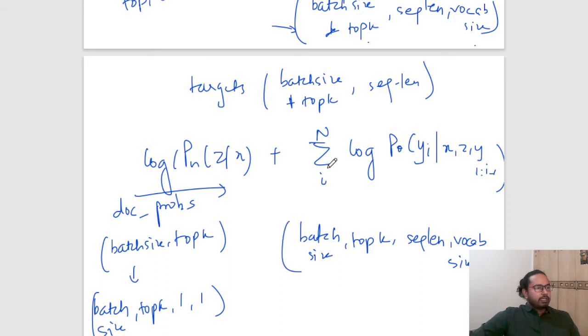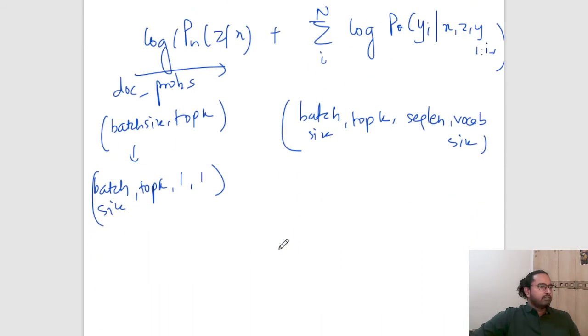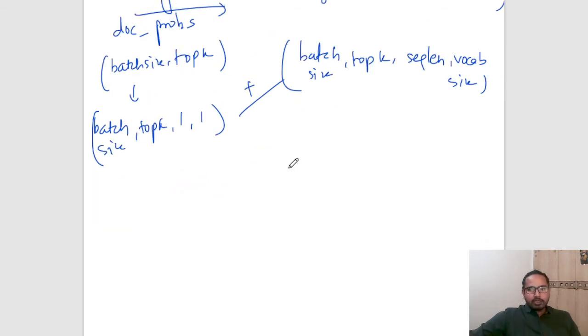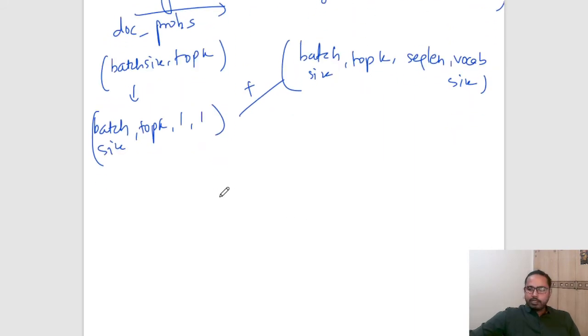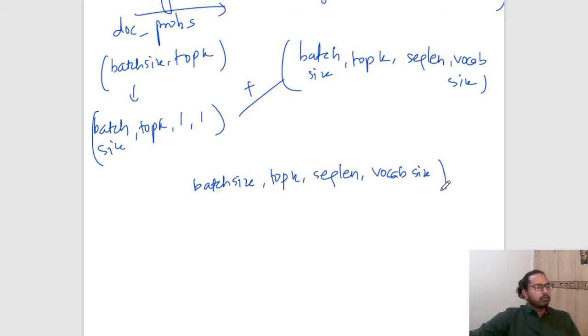Since we have to add these values, we do an addition of them. In code they've done it in a different way, but we can still continue in this formulation. So finally we get a tensor of shape batch size, top K, sequence length, and vocab size.